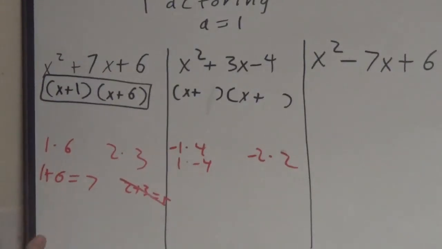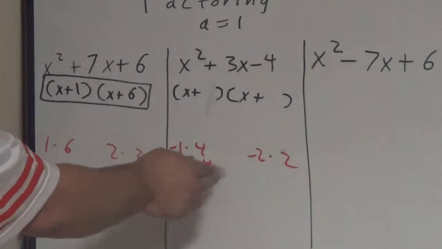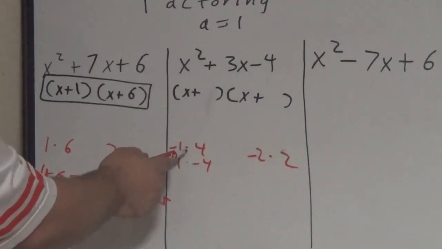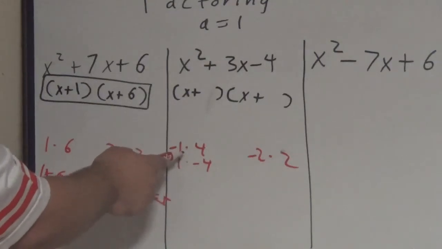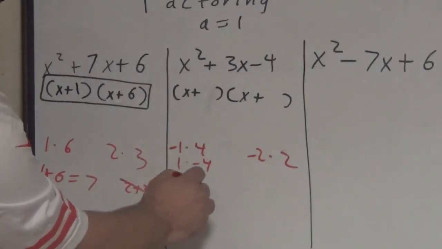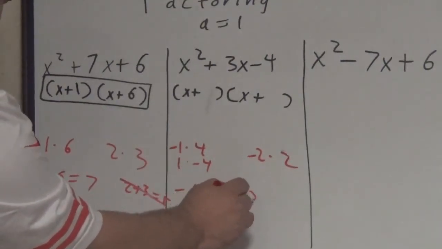We could also do +2 times -2, but that's the same thing, so I don't think we need to repeat that. So once we have our factors listed, we add them together. Now remember, we're not multiplying now. What's -1 plus +4? Well, that is +3.